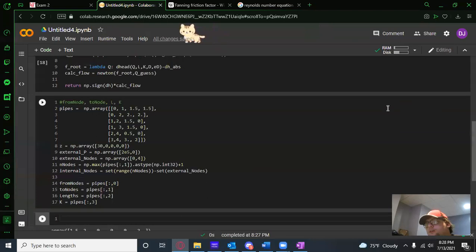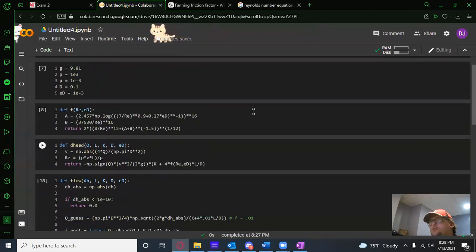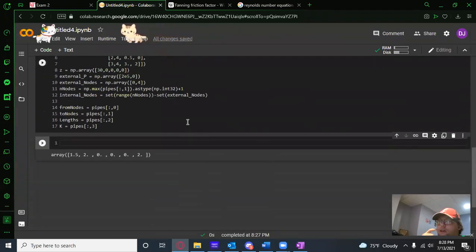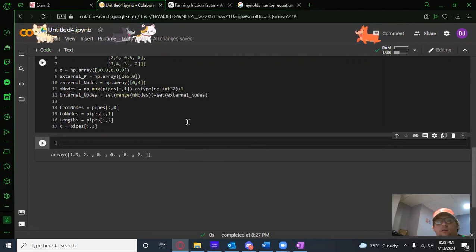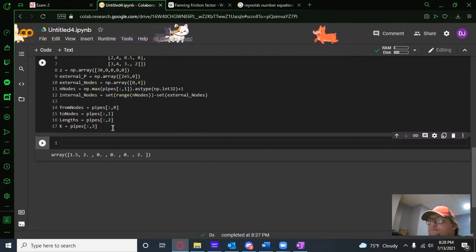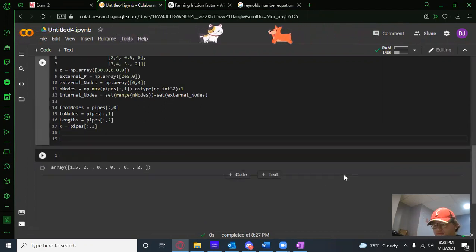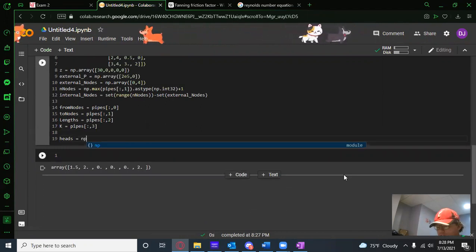All right, so with that, what we can do now is create the heads array, which we'll be using to calculate the flow.